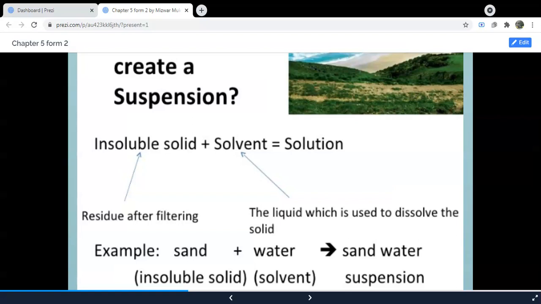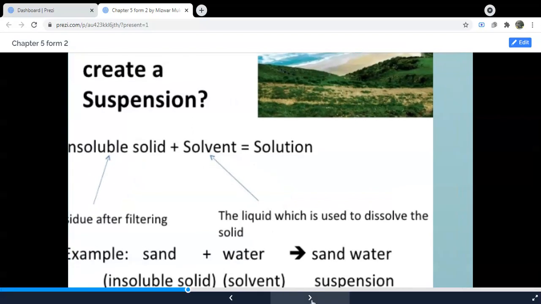Apa lagi selain daripada sand, batu contohnya, apa-apa lagi yang tak boleh dissolve dalam water. Bila kita campur dengan solvent, for example water, bila the solute does not dissolve in the solvent, bila solute tu tak dissolve dalam air, maka dia akan dikategorikan sebagai suspension.